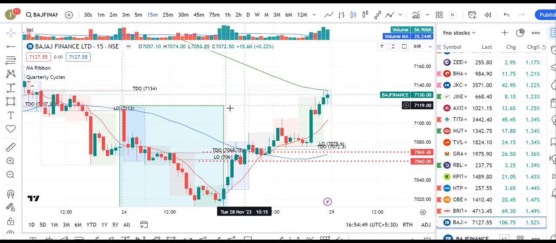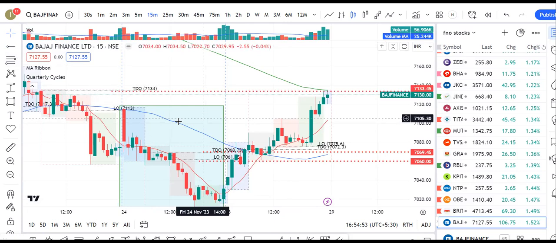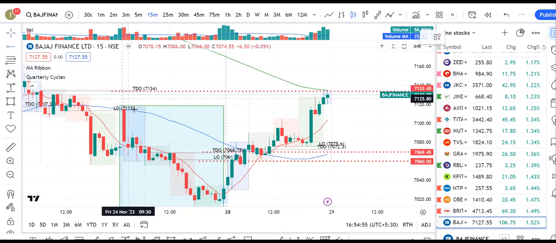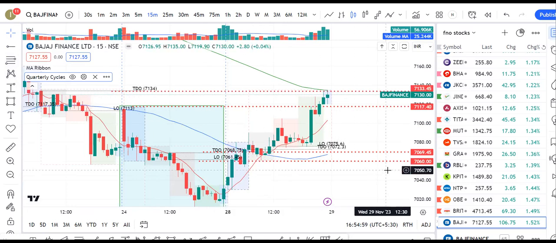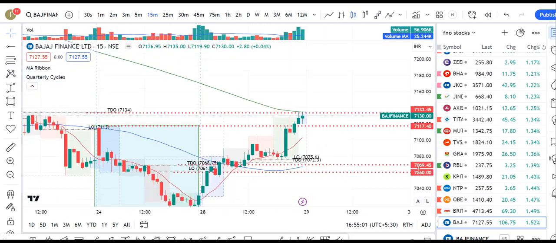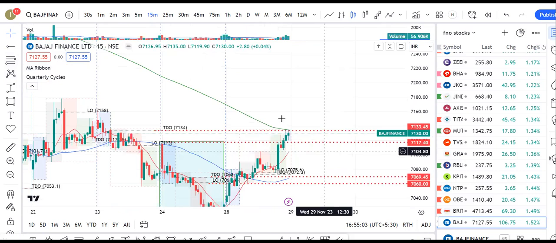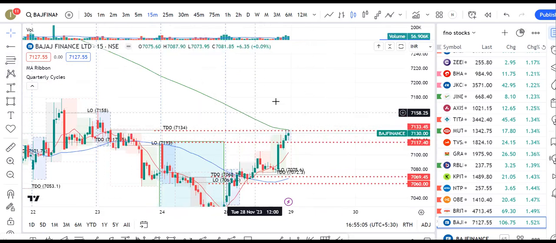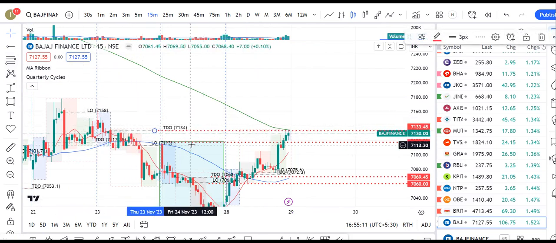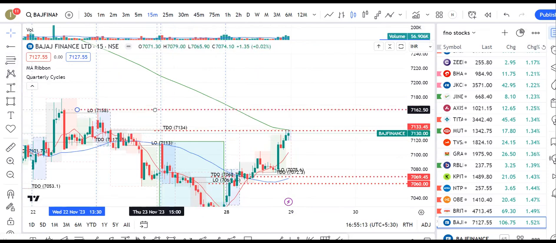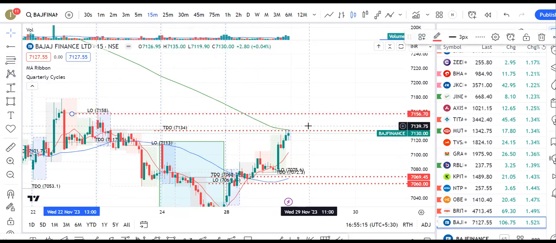See, finally, these are the levels that acted as the previous day low and the daily open, 7,134. Suppose tomorrow, if it starts moving above this level, these are the two lines.